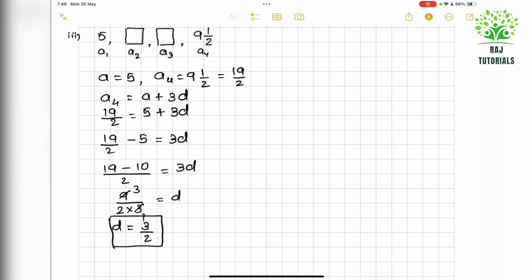Now I got d, I know a, so I can find A2. A2 will be equal to a plus d, so 5 plus 3 by 2, so 10 plus 3 by 2, which is 13 by 2.